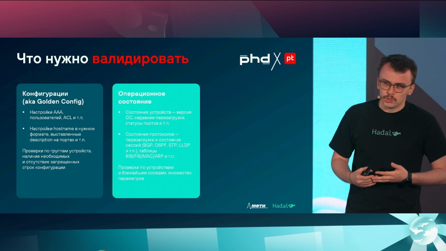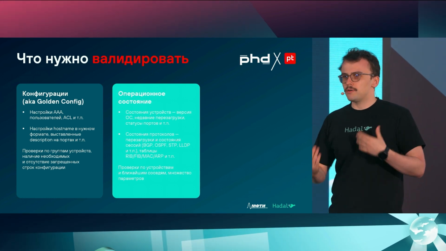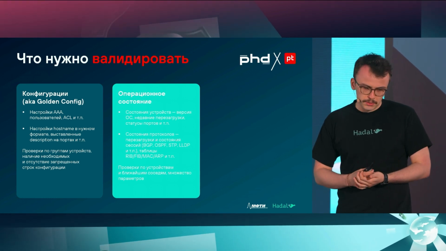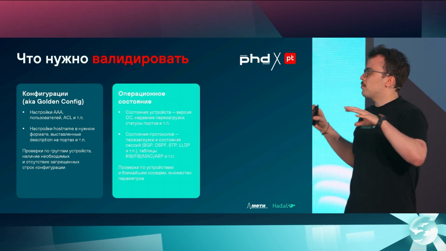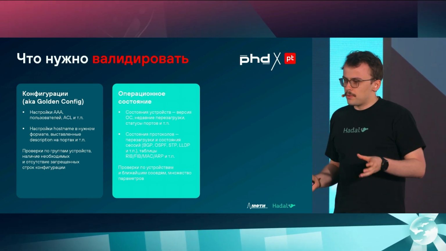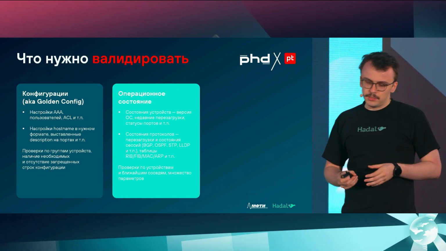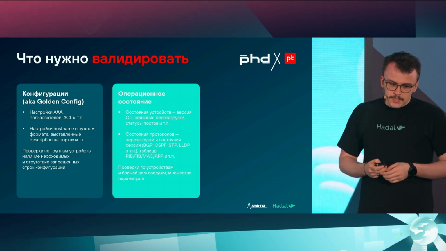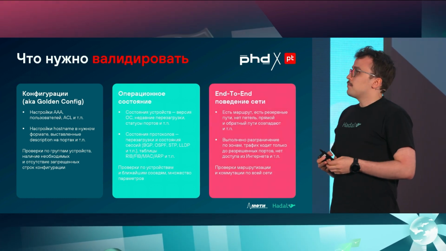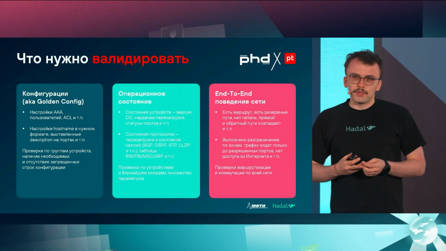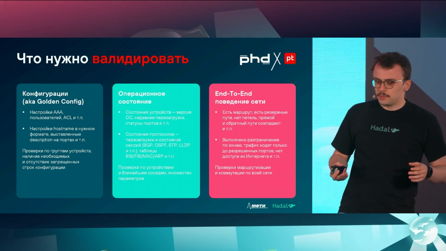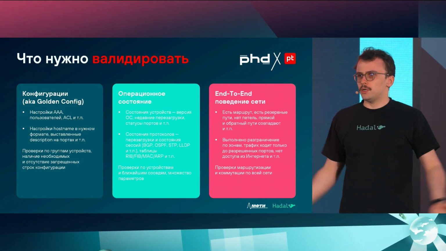Or, for example, here for protocol status, it's RIB, FIB, BGP, OSPF, STP, LLDP. Here we are talking about session states and the devices with near neighbors. There are many parameters. And thirdly, this end-to-end network behavior.